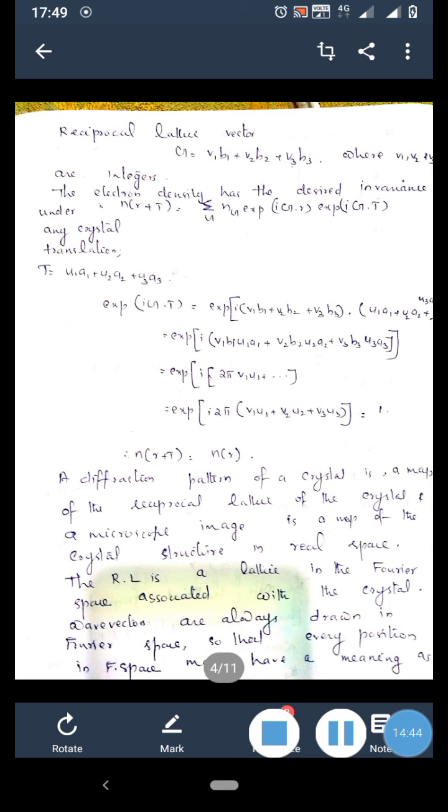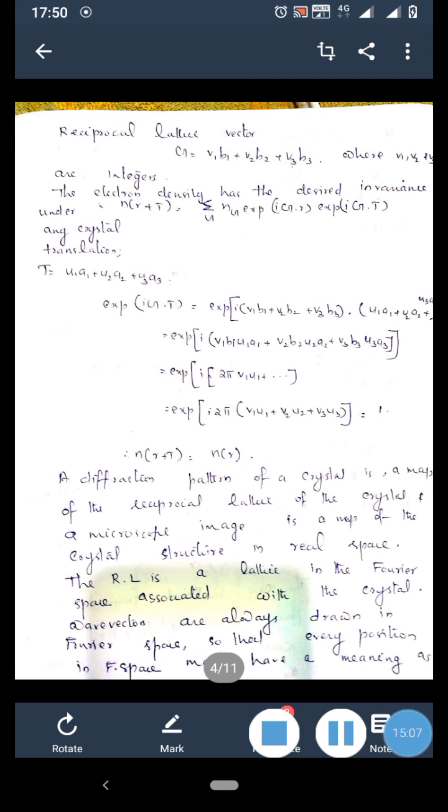This electron density has the desired invariance. n of r plus t is equal to the summation over G of n_G exponential i G dot r into exponential i G dot t, which is also equal to n of r. Therefore, the electron density also has the desired invariance under the crystal translation.